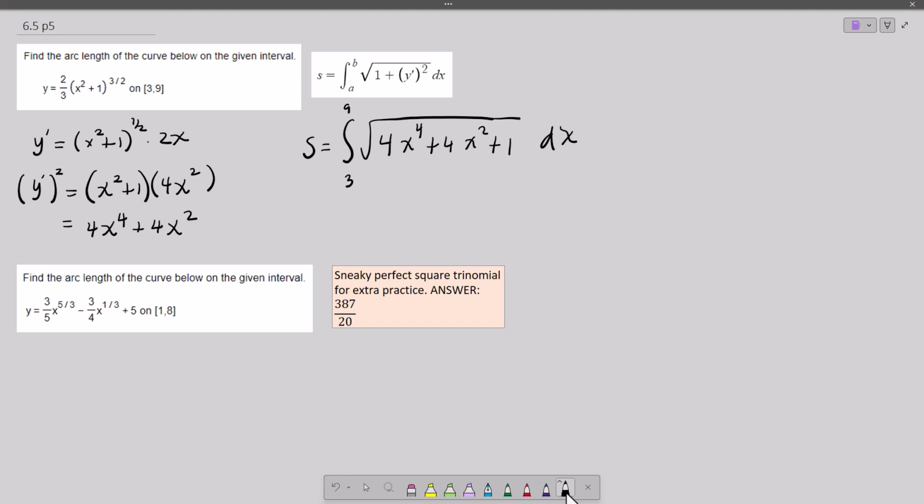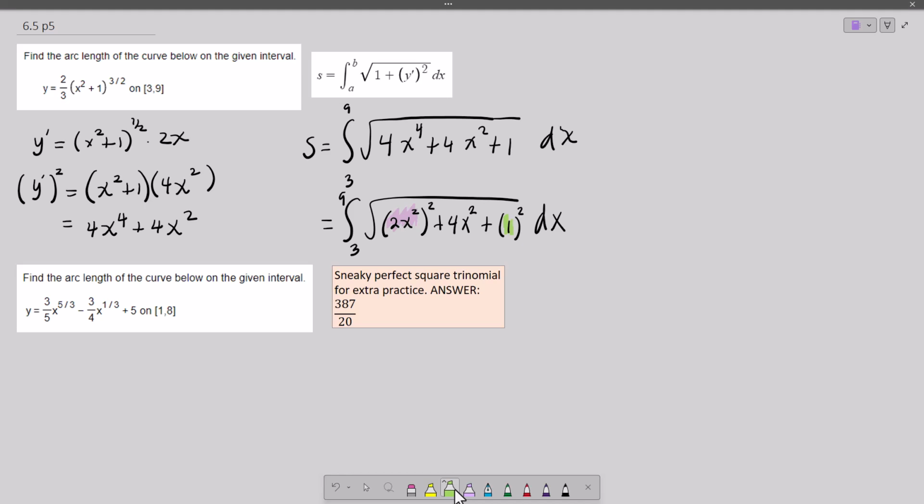Remember, if we were to try to determine if it's a perfect square trinomial, we would think of that. That's how you get to that. 2x squared squared is that. And then the 4x squared is our mystery. And then this is 1 squared. So in this case, A is that. B is that. And is the middle 2AB?